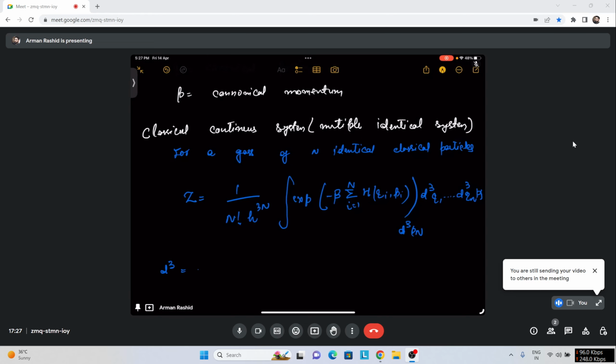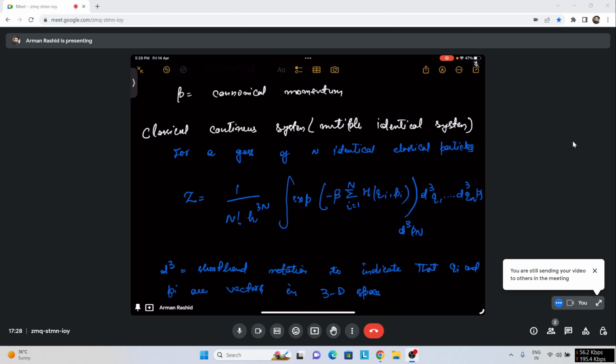It is actually a shorthand notation to indicate that qi and pi are vectors in three-dimensional space. Okay, so we have taken a classical continuous system.